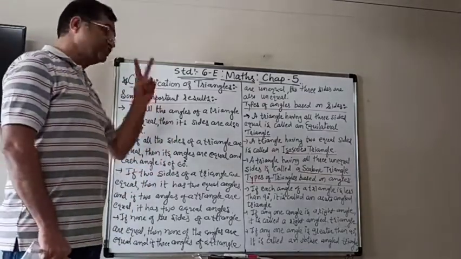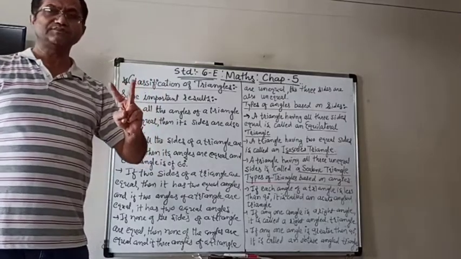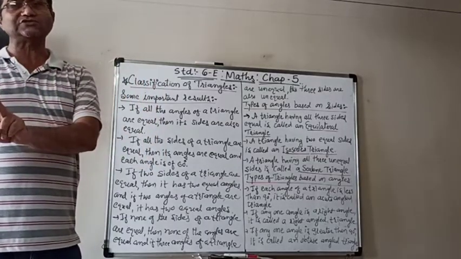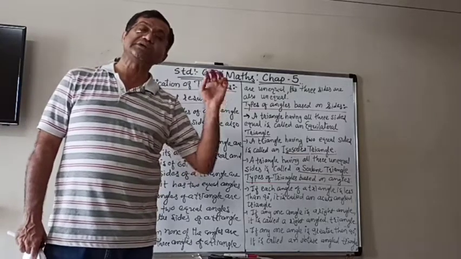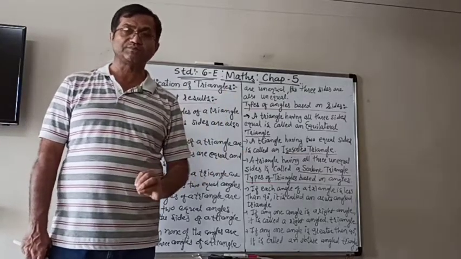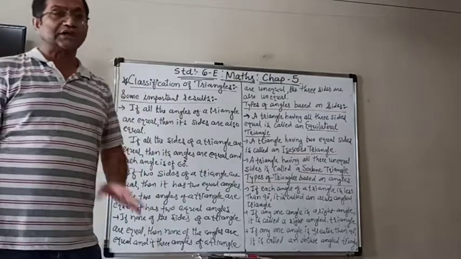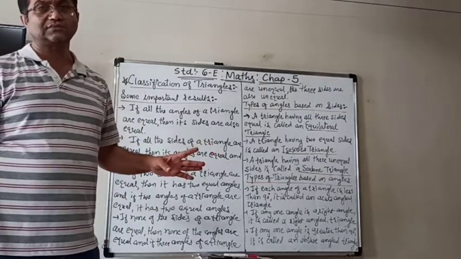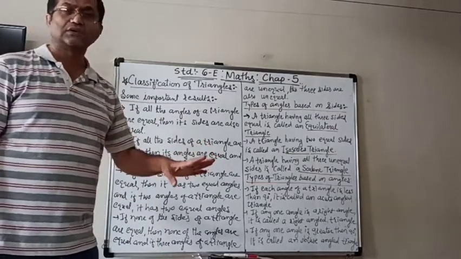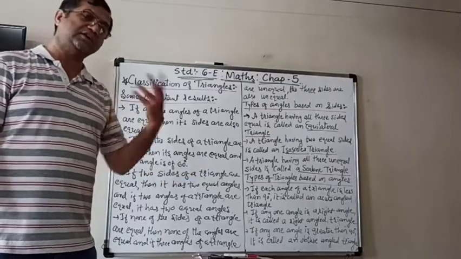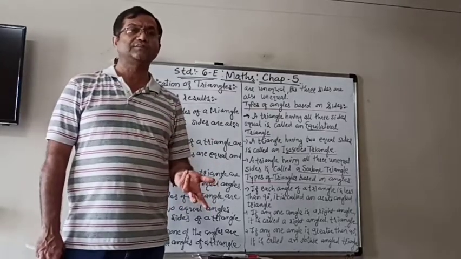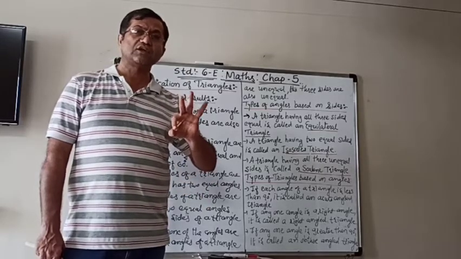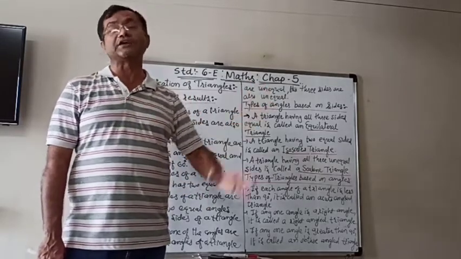Then if two sides of a triangle are equal, then it will have two equal angles also, and if two angles are equal, then it will have two equal sides also. And lastly, if all the sides are unequal, then all the angles will have different measures, and in reverse, if all angles are different, then all the sides will also be unequal.